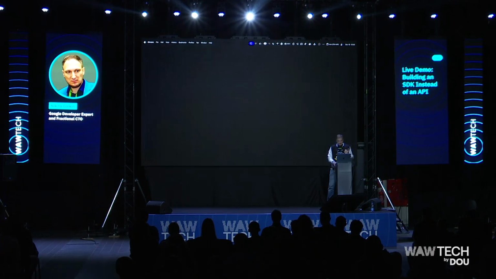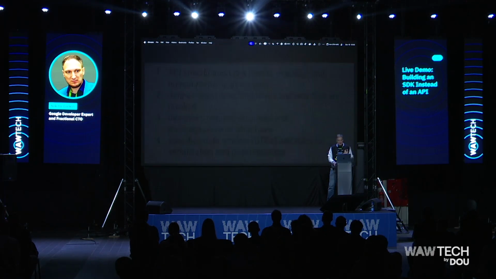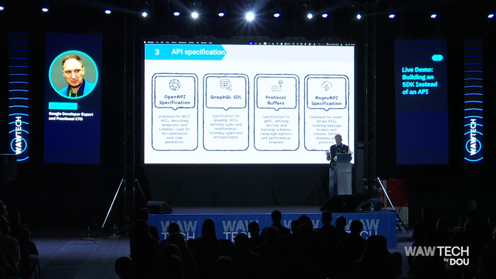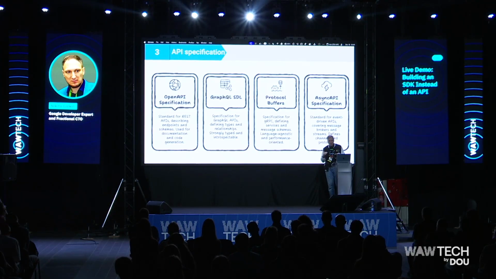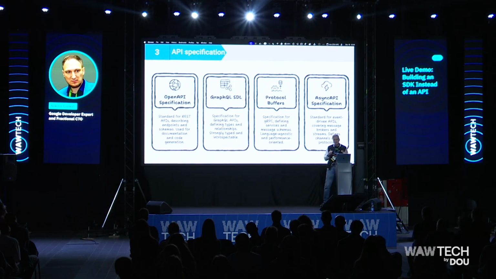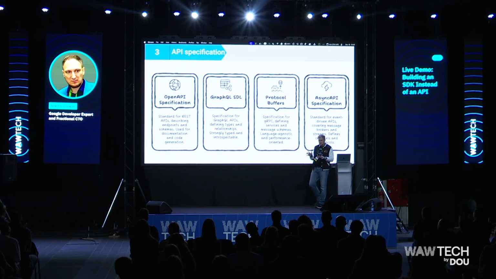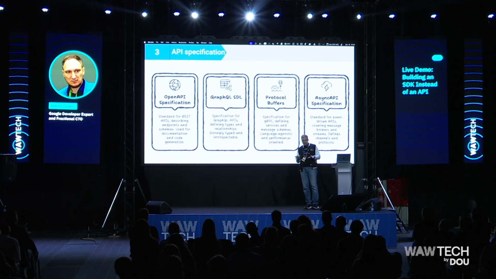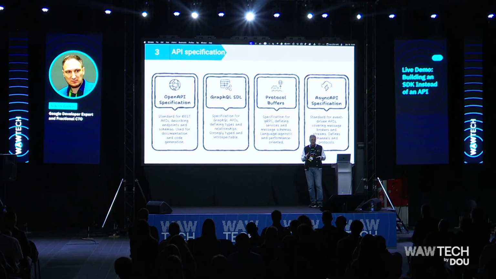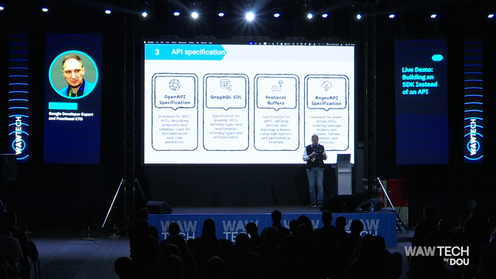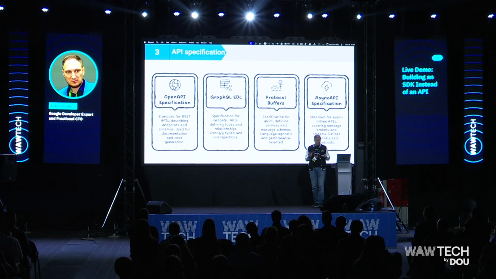Because of that, I'm jumping to say what typical API specifications you have. Most of us know Swagger, also known as OpenAPI, and we use it so often. Typically when we say API, we mean REST API, described as Swagger/OpenAPI.